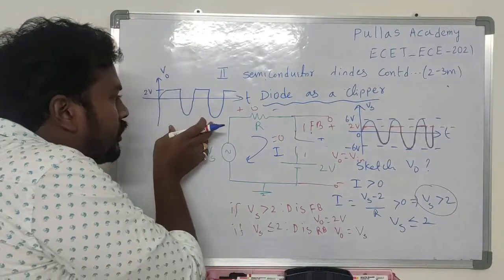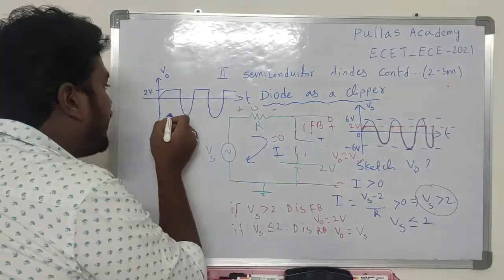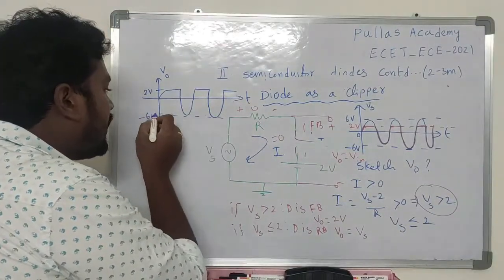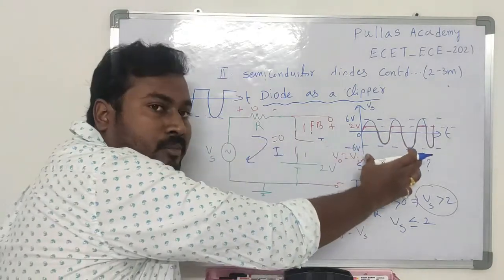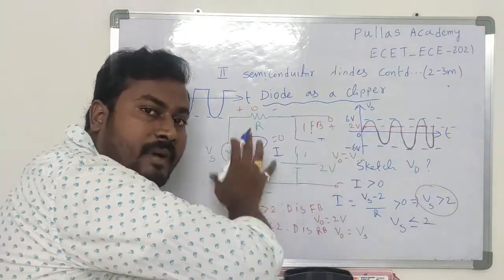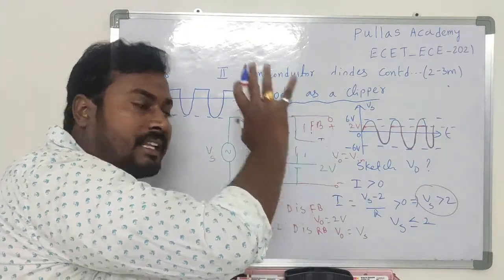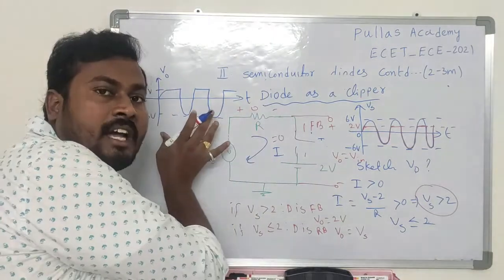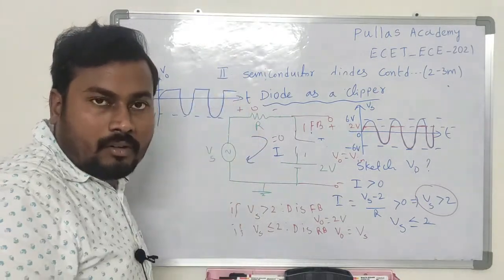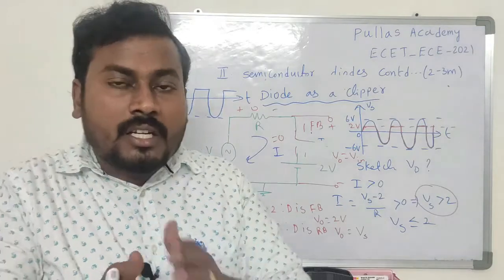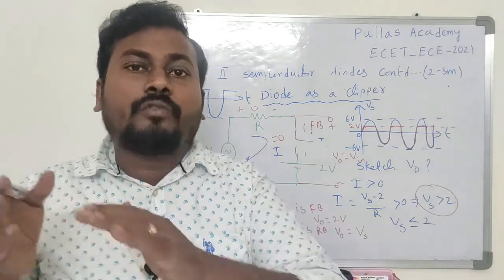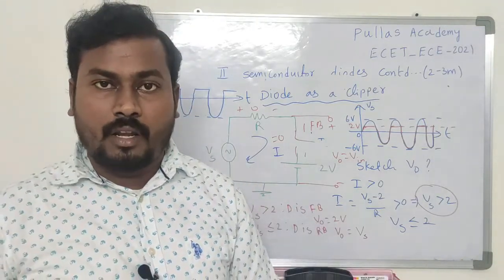So the output voltage we are getting here is the input waveform with a portion cut by the clipping circuit. So a clipper is a circuit which cuts a portion of the input waveform.